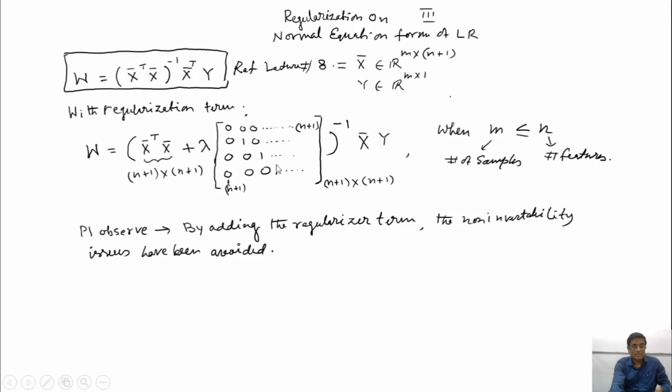Okay, so the idea is clear. This is the regularization matrix we have incorporated in the matrix form of the normal equation, giving a value of lambda.